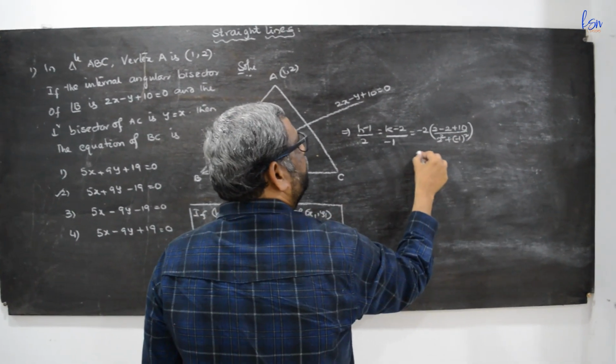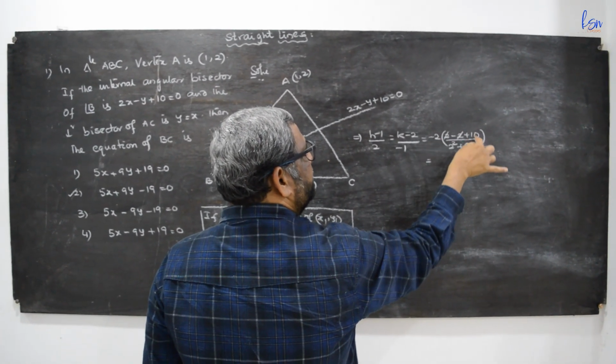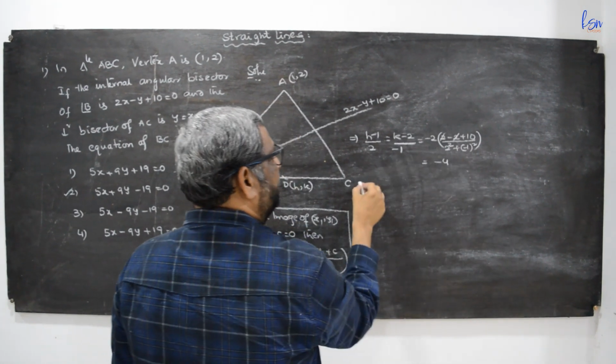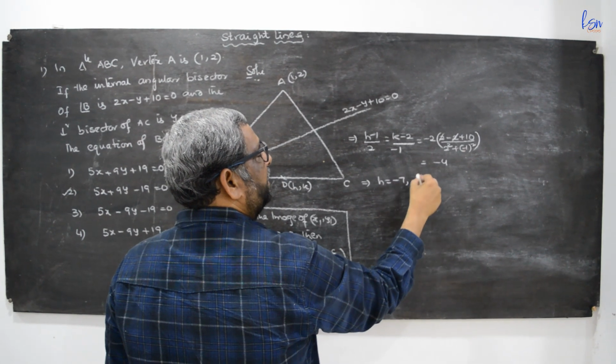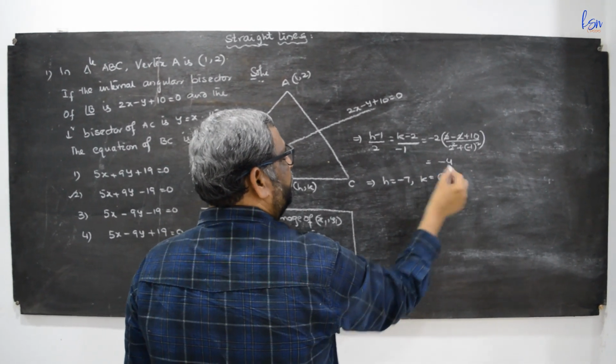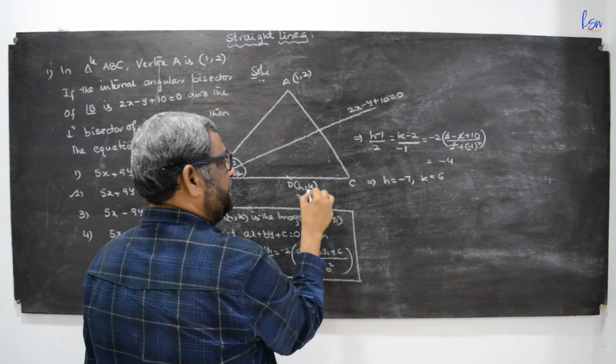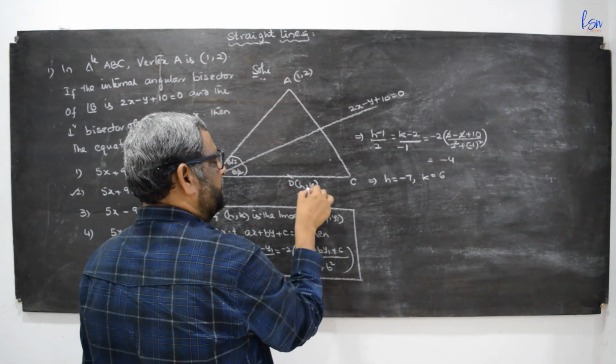This is equal to, 2 gets cancelled, 10 by 5, this is minus 4. So h is equal to minus 7 and k is equal to 6. So this is D (minus 7, 6).